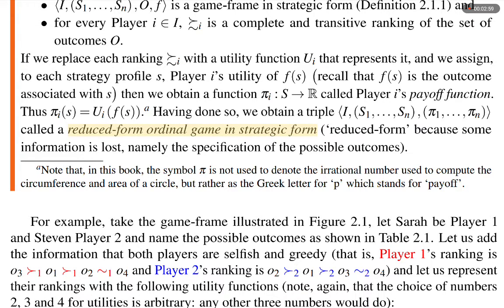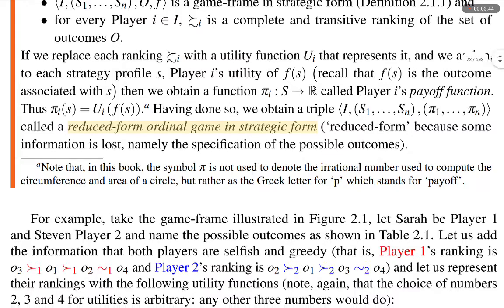Thus, π_i(s) equals U_i(f(s)). Note that in this book the symbol π is not used to denote the irrational number used to compute the circumference and area of a circle, but rather as the Greek letter for P, which stands for payoff.